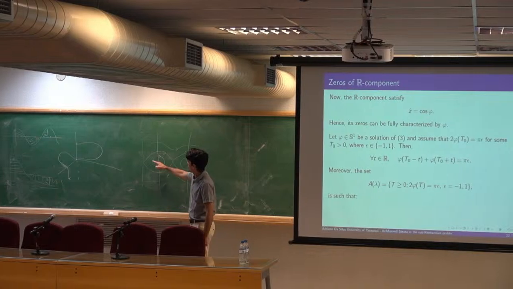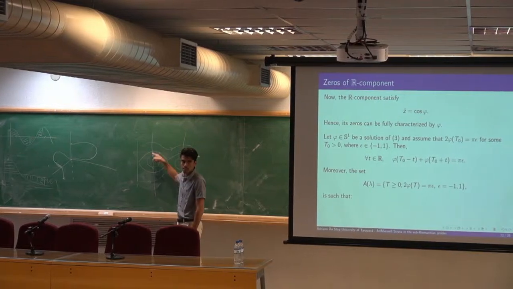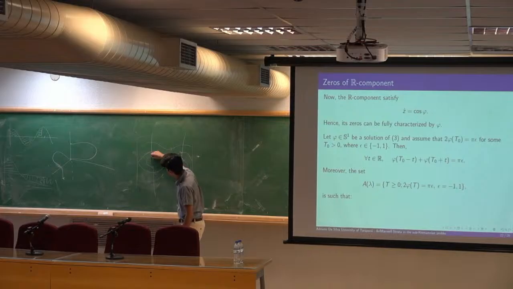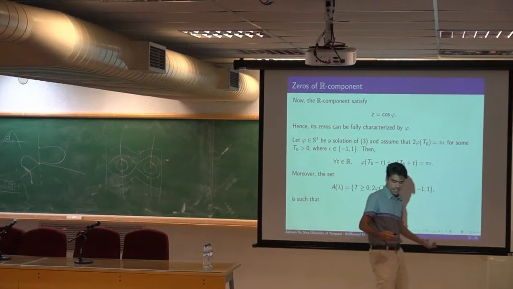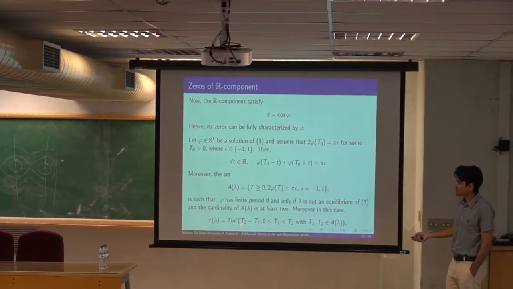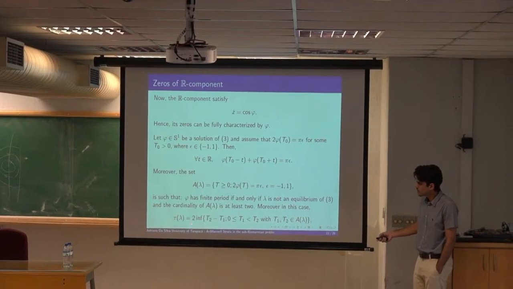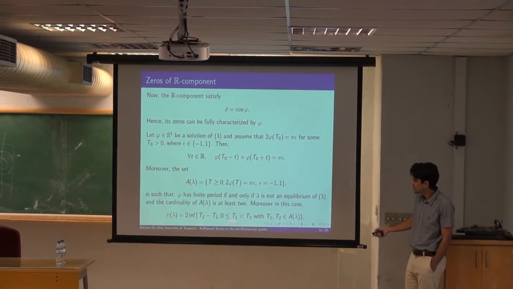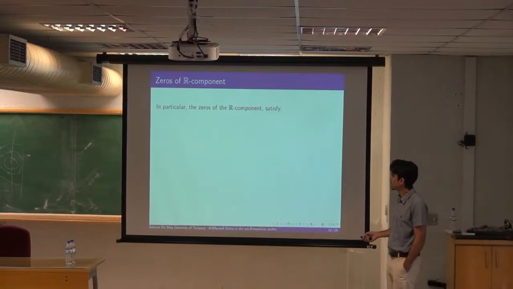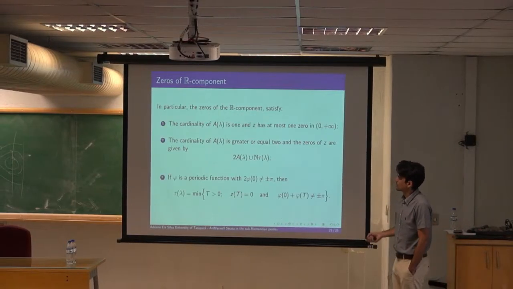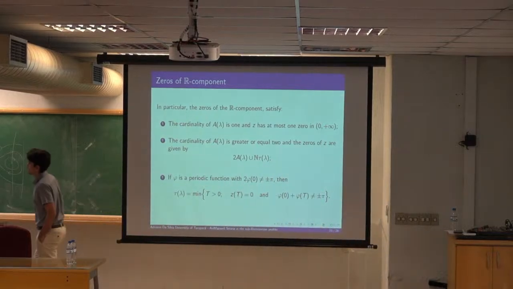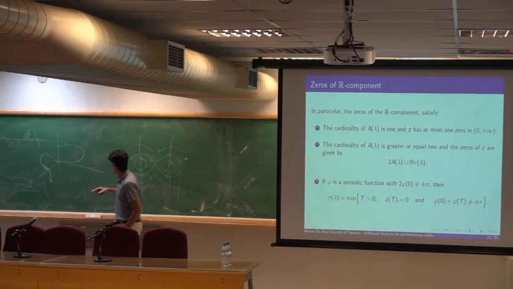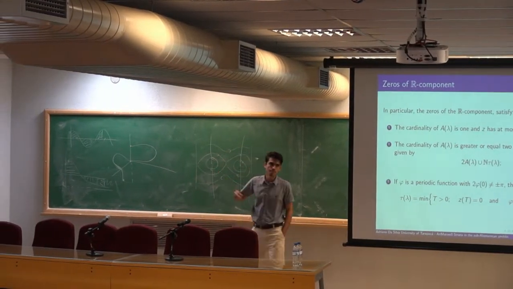If your solution is here, you pass at most 1 time by this. If your solution is outside and is periodic, you can pass an infinite number of times. So you look at the cardinality of the set. And in fact, there's a nice relationship between this set and the period: the period is basically the infimum of this cardinality here. And you have this result. The cardinality is 1 if Z has at least 1 zero. That's the behavior of this function here, associated with solutions that have infinite period.